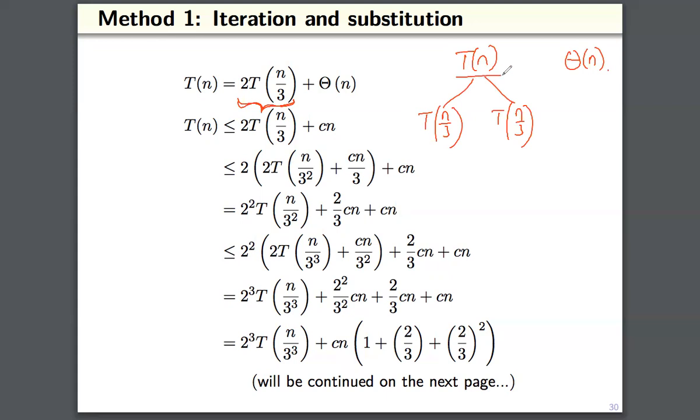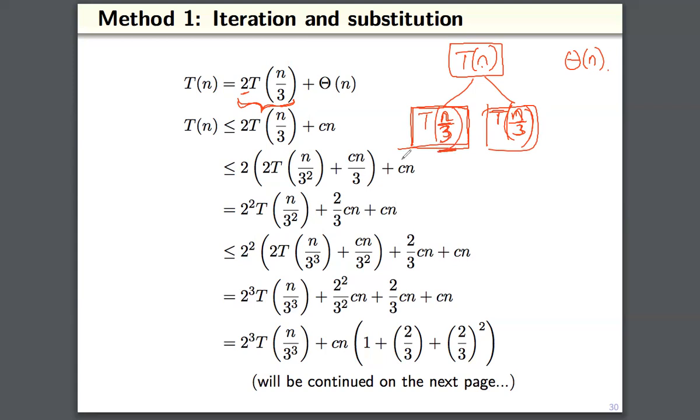It's a divide and conquer algorithm where there are 2 child functions, 2 times T of n by 3, and each child function takes time T of n by 3. That means the problem size is decreasing by a factor of 3: n to n by 3, n to n by 3 here also.